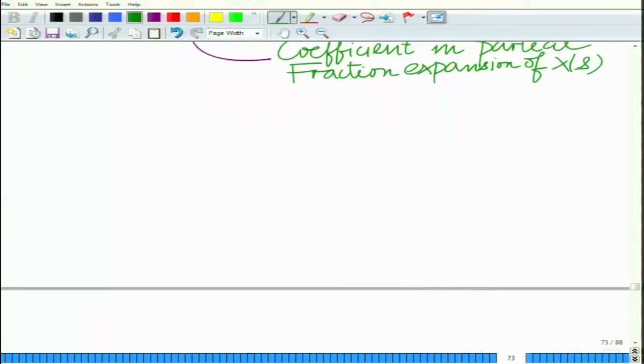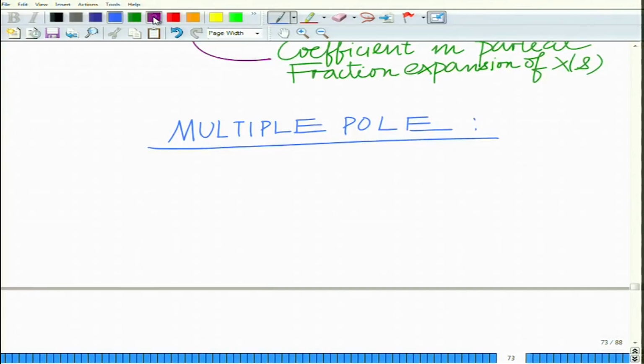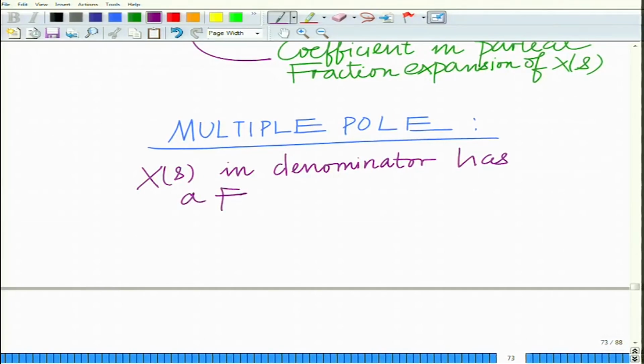Now, for the multiple pole case, Xs in the denominator has a factor of the form S minus Pi raised to the power of r, and in this scenario we say that the pole Pi has a multiplicity of r.